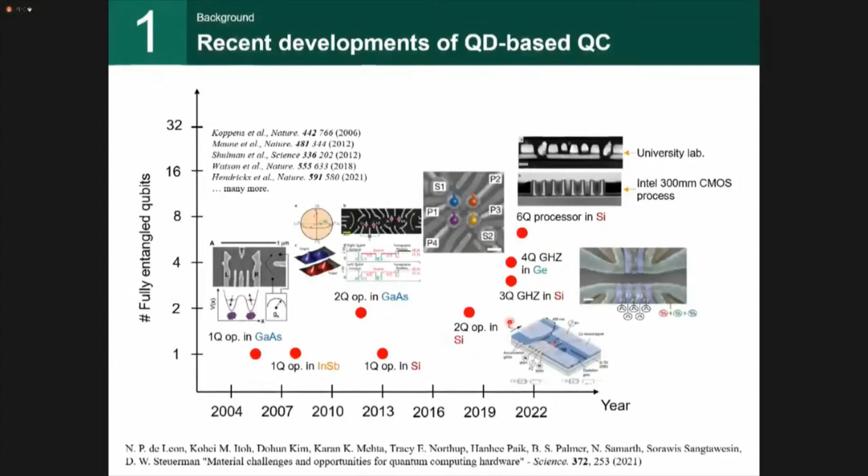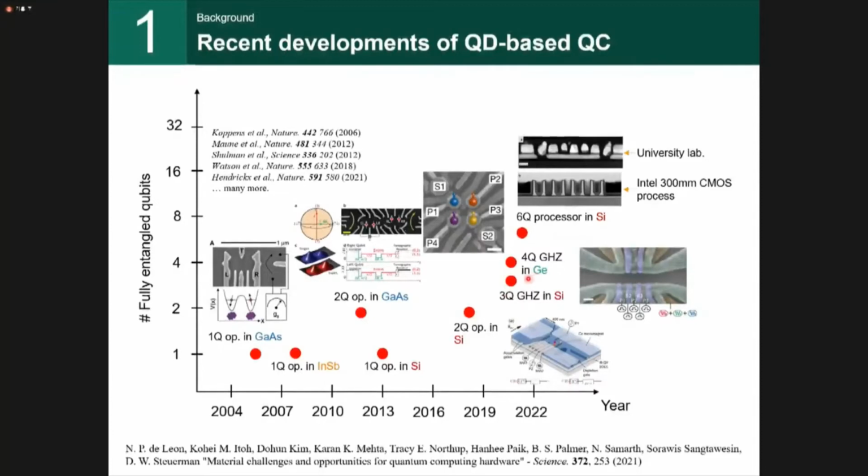With this basic concept, I briefly show the recent developments in the number of qubits or entangled qubits in quantum dot devices. It all started with a gallium arsenide demonstration, but as soon as a single-qubit operation was done in silicon, the research field really started boosting up.